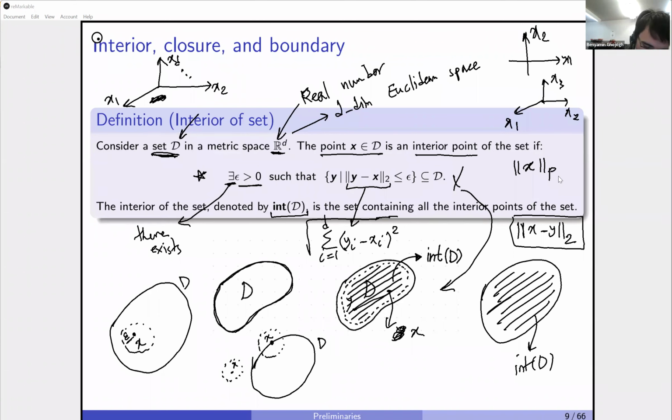Every point in this space, let's call it bold x, is a vector, because you can connect the origin to this point.